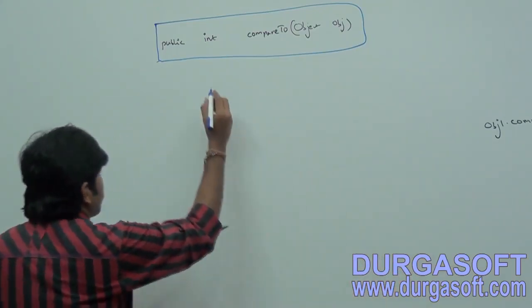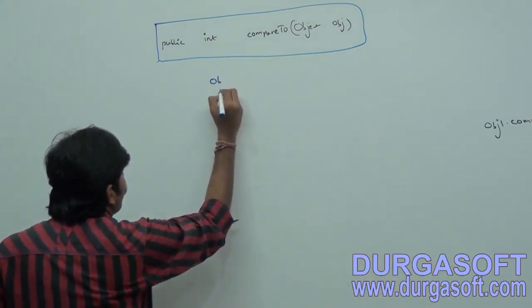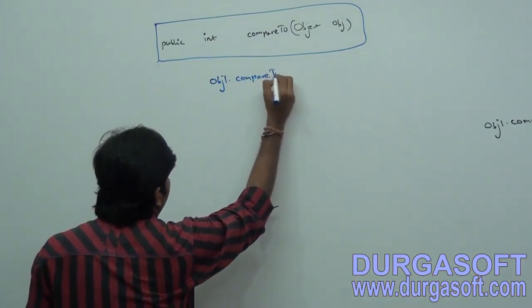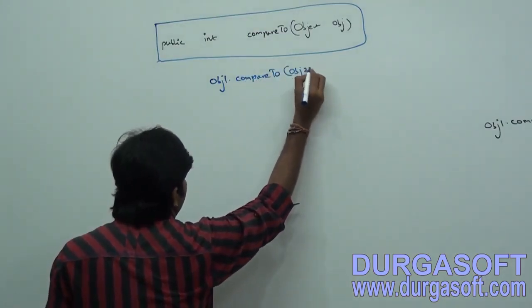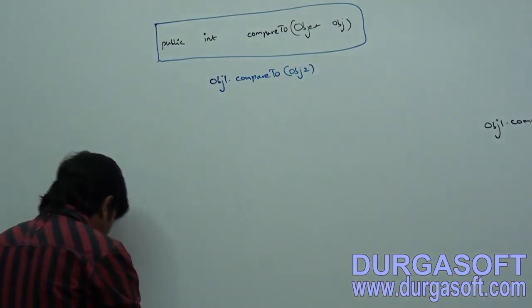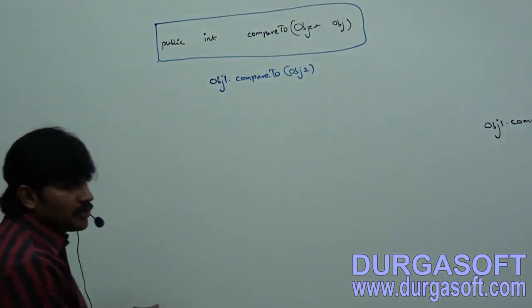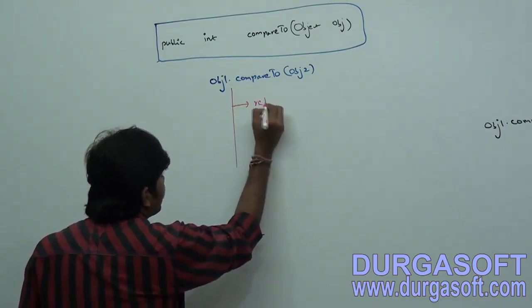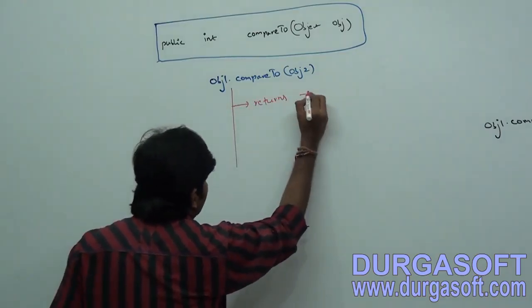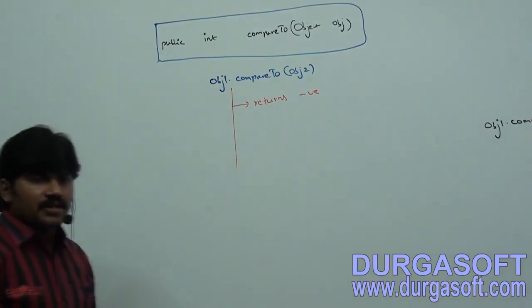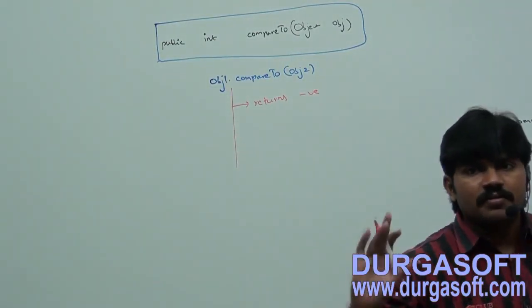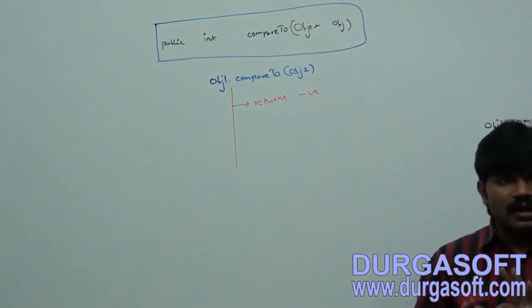Now observe this one. I want to call obj1.compareTo(obj2). Here take special care. It returns negative. How much negative? Maybe -1, -100, -1000, -10,000, all are equal.